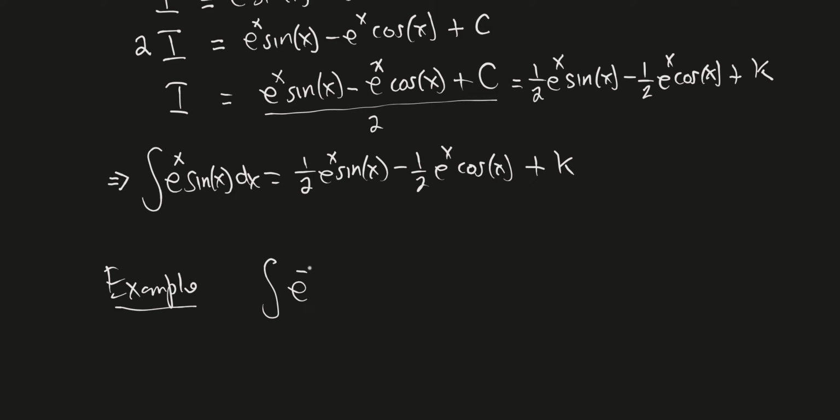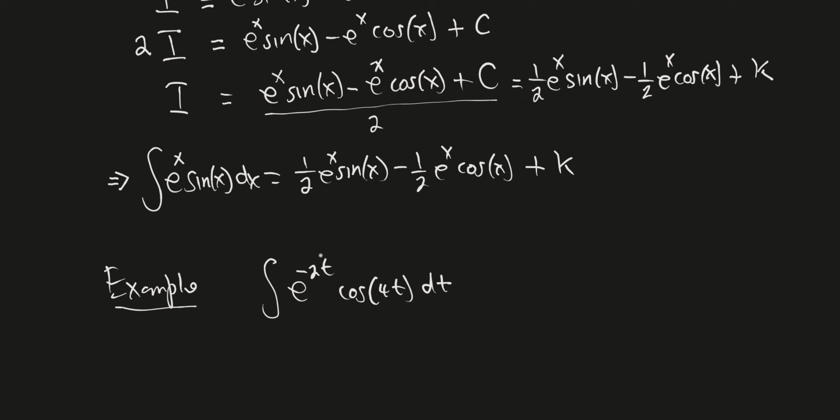So let's try e to the negative 2t times the cosine of 4t dt, right? And I'm going to show you how we can use the table method, which we know is a streamlined process whenever we have to do repeated integration by parts, right?